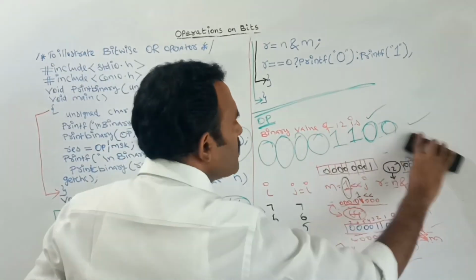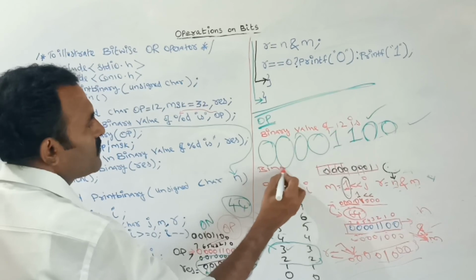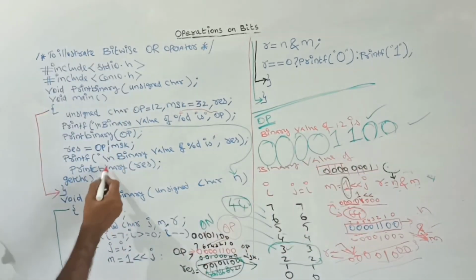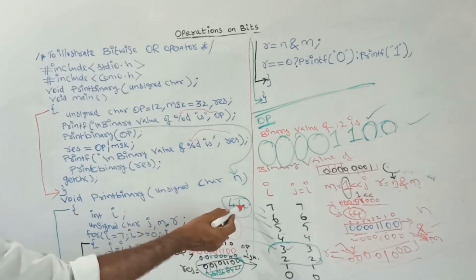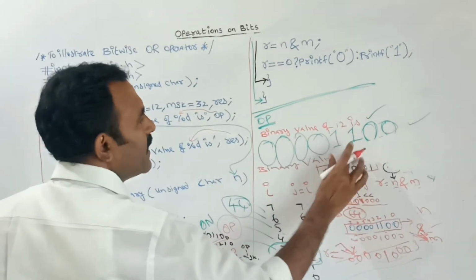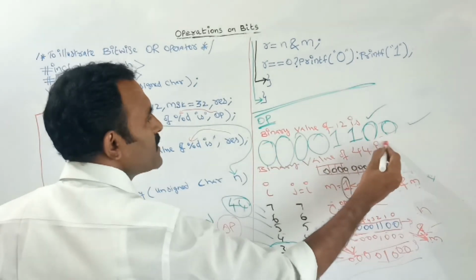After this, what is the RES value now? 44. So the binary value of 44 message will display.